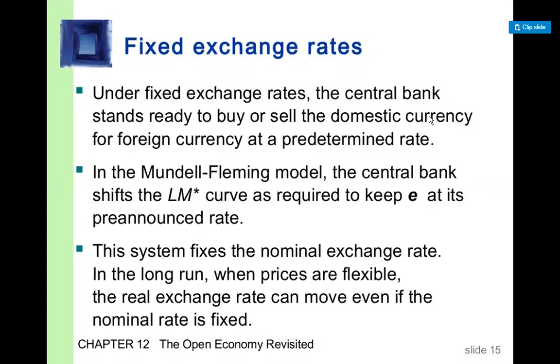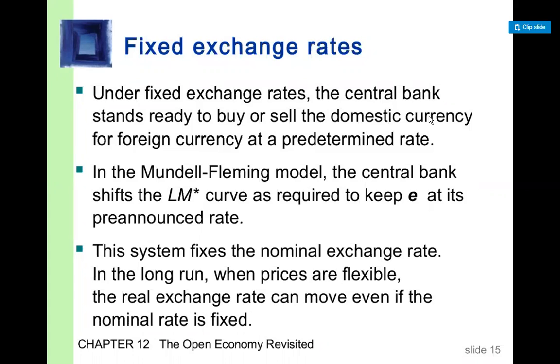But a fixed exchange rate does not change due to change in economic conditions. It is fixed by the central bank. This is the simple definition of fixed exchange rate, so the difference between fixed and floating exchange rate we have done.